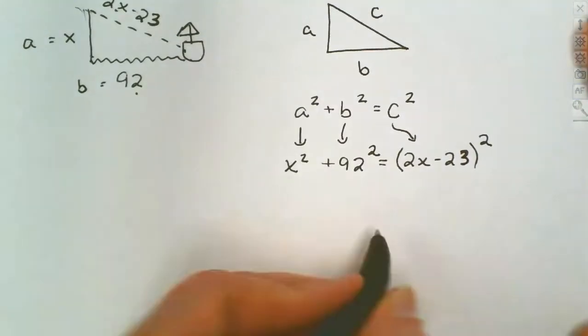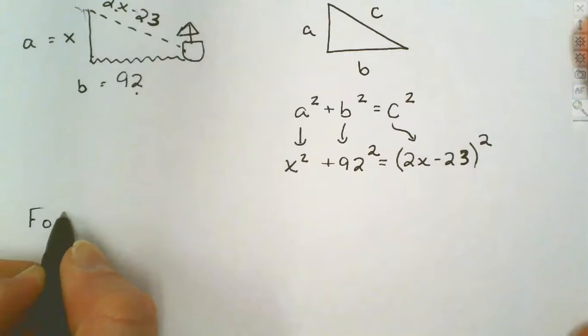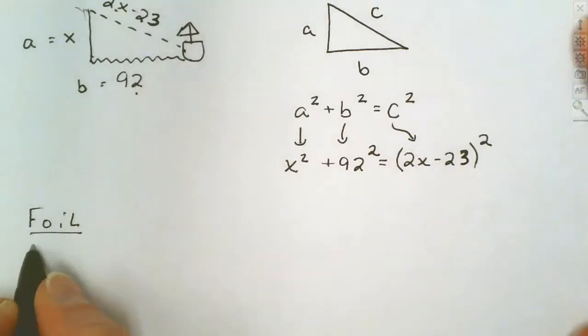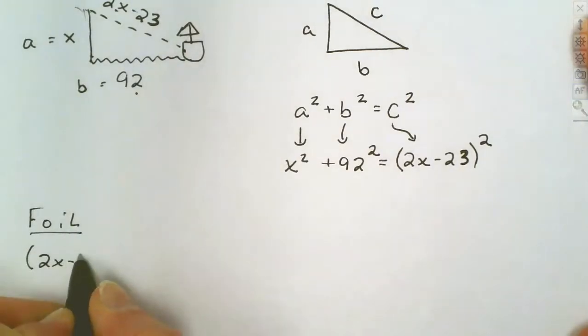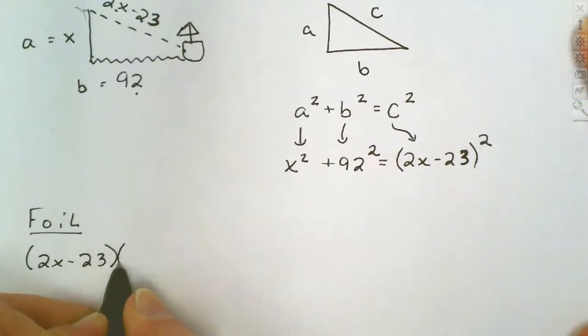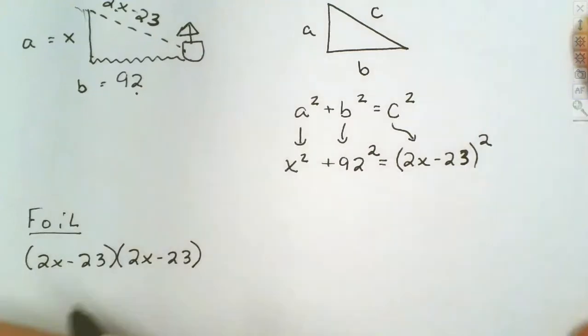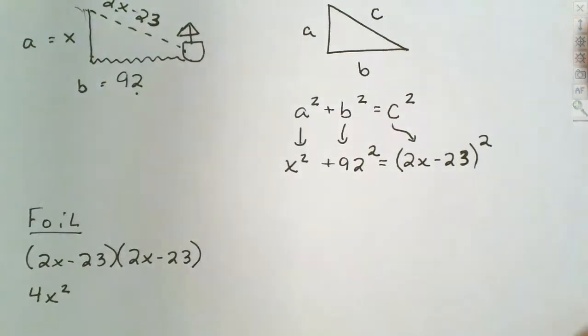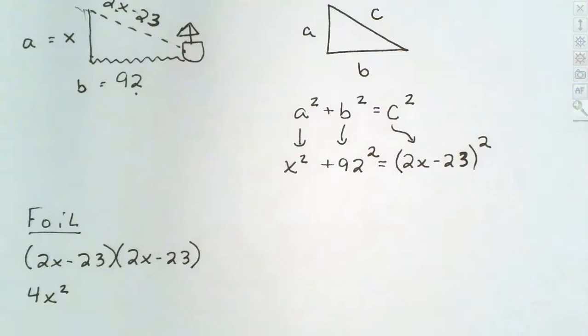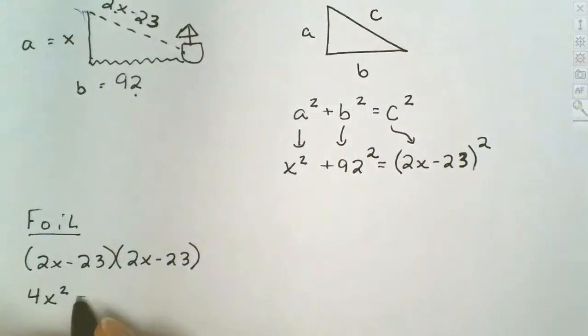So let's begin by taking out and FOILing now that 2x minus 23. That's quantity squared, so we're going to write it out twice, and then we're going to FOIL it. And if we FOIL, we get first times first. So that's 2 times 2, that makes it a 4, and that's x squared. Then we have a 2 times a negative 23, and that's going to make it a minus 46x.